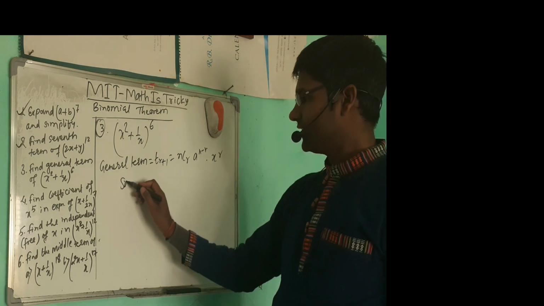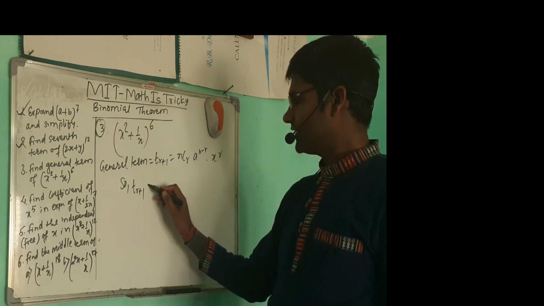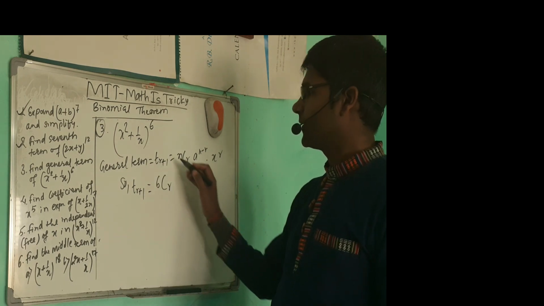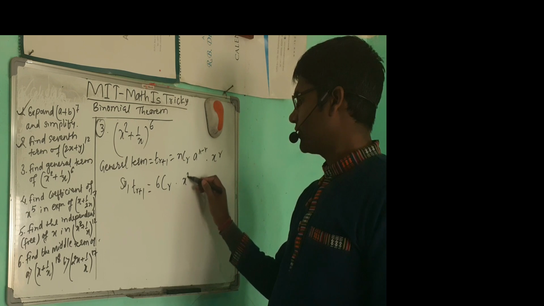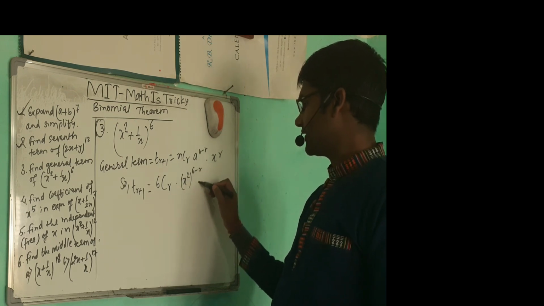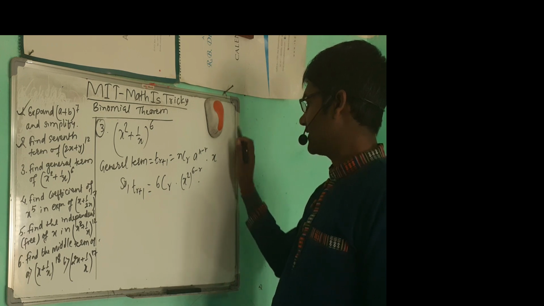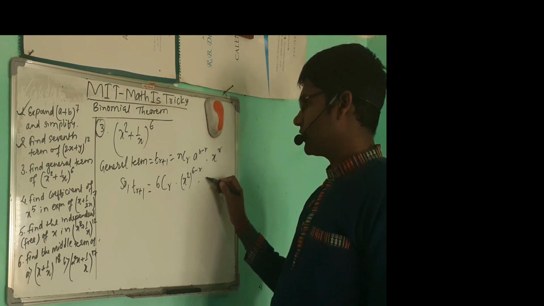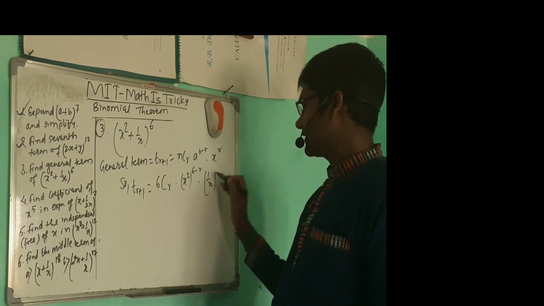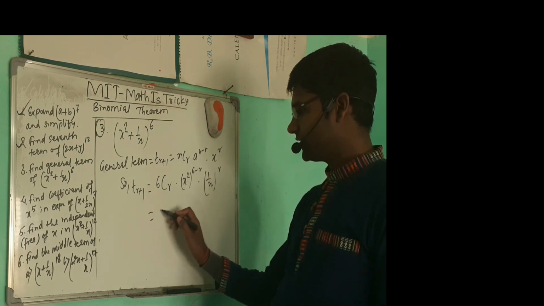So we'll get T(r+1), that is our general term. n is 6, C(6,r), and a is x², and then n minus r means (6 minus r) times x^r. This is in power, so b is 1 by x, whole power r. So what will be there?